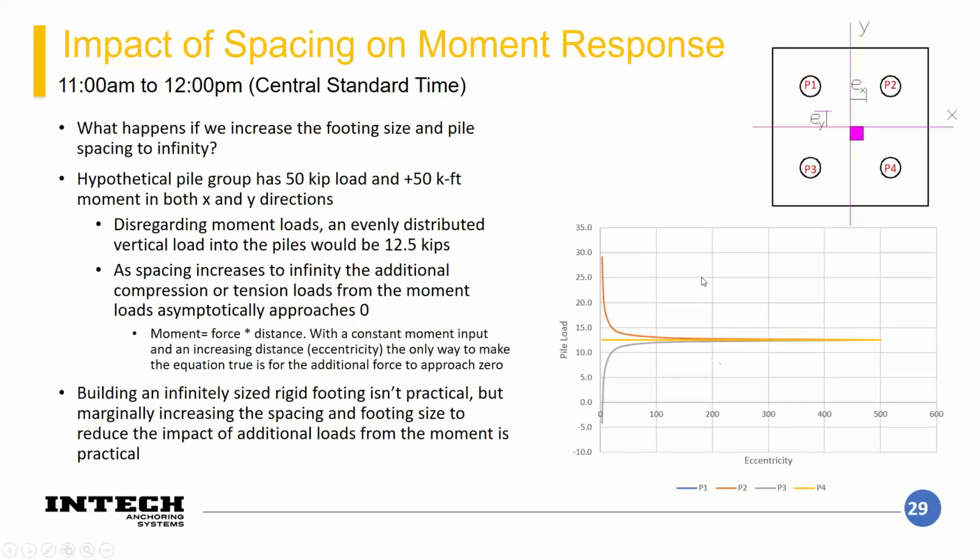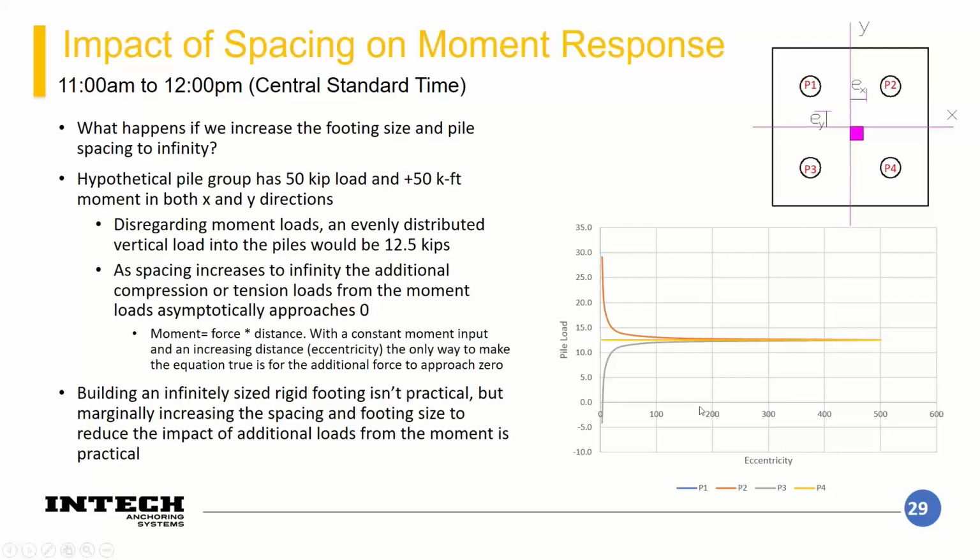So, this graph is hypothetically a 4-pile group, and along the x-axis here, we're just increasing the eccentricity of our piles. So this is, basically, we're assuming equal spacing. It's a nice square inside the square. So disregarding the moment loads, again, if you had a 50 kip load, it would be 12.5 kips per pile.